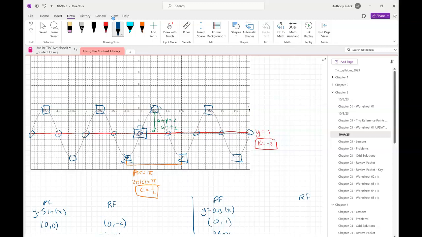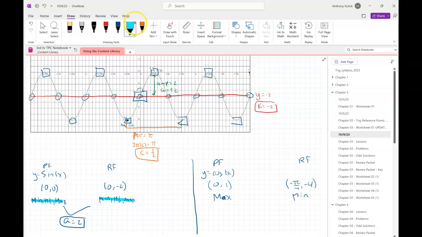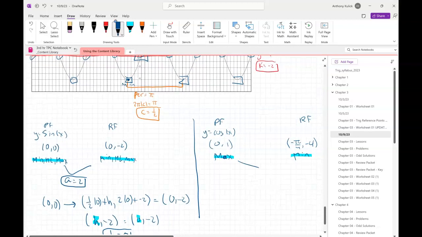So I'm going to pick this one here at -π/4, -4, which is a minimum. Since we're going from max to min, that tells me the A should be negative.